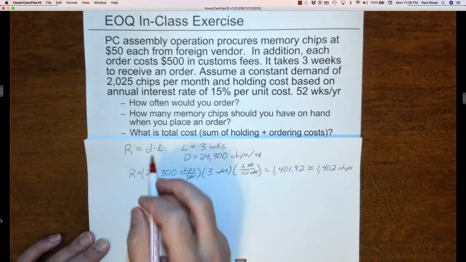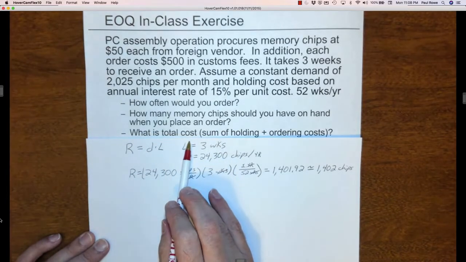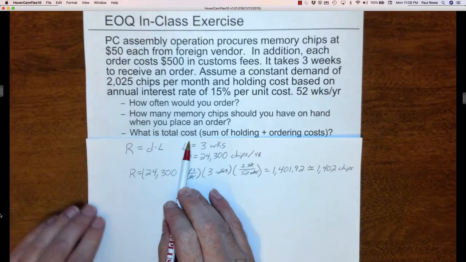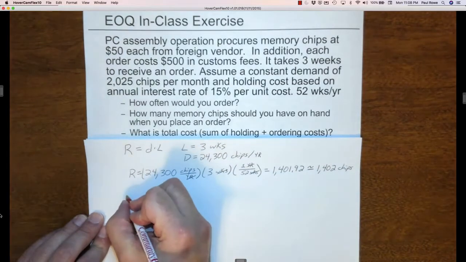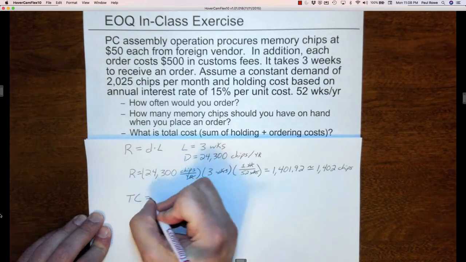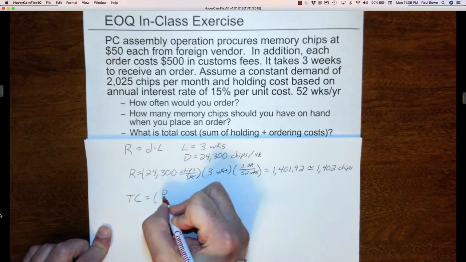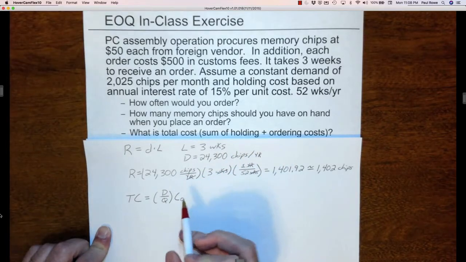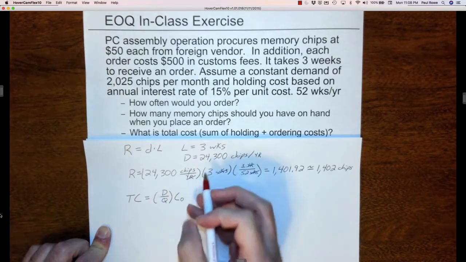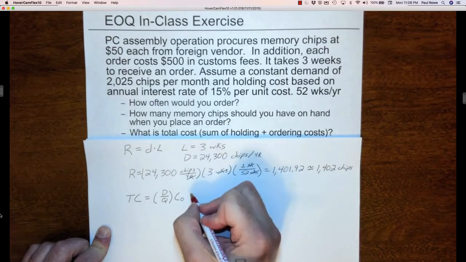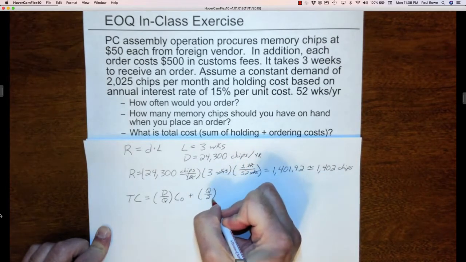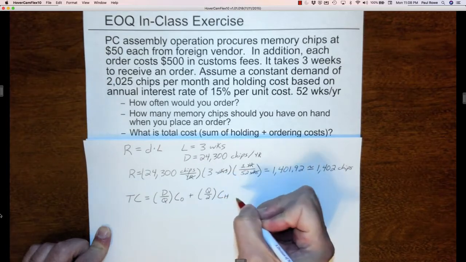And the third question is, what is the total relevant annual cost, which would be the sum of the holding and ordering costs. So we know that our total cost formula is equal to D over Q times our cost of ordering, and then our holding cost is going to be our average inventory level, Q over 2, times our holding cost.